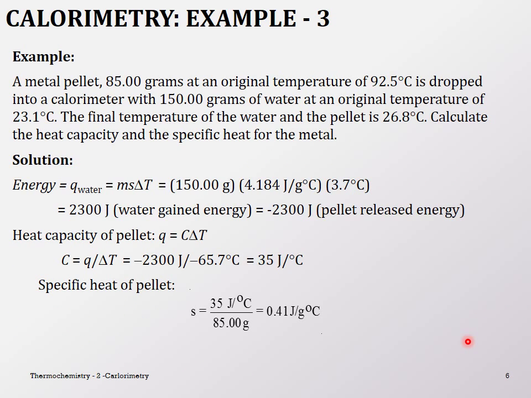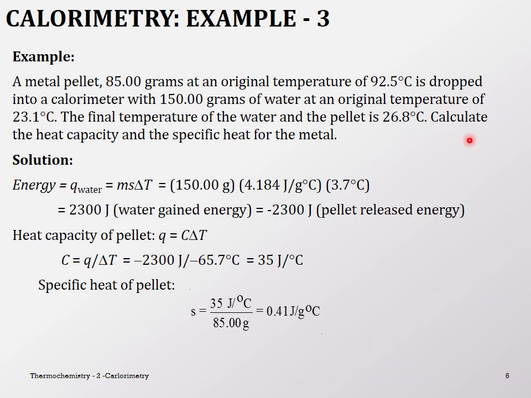Another example. A metal pellet, 85 grams, at an original temperature of 92.5 degrees Celsius is dropped into a calorimeter with 150 grams of water at an original temperature of 23.1 degrees Celsius. The final temperature of the water and the pellet is 26.8. Calculate the heat capacity and the specific heat for the metal.